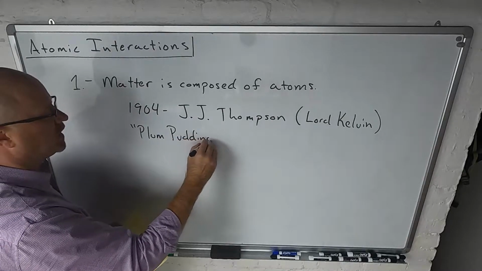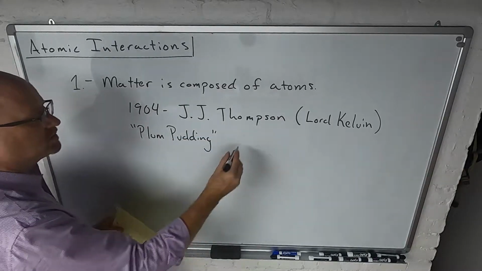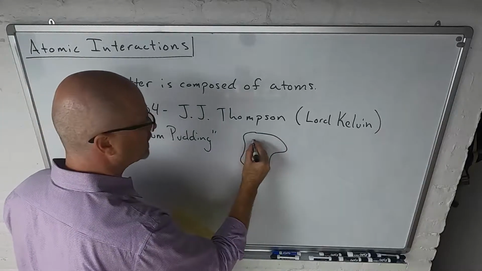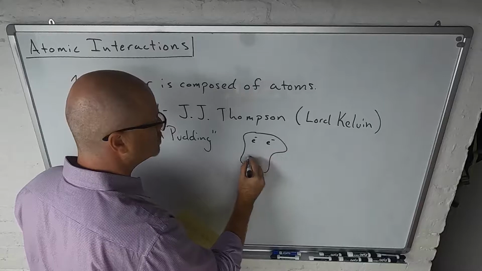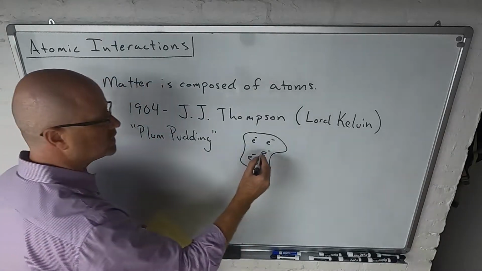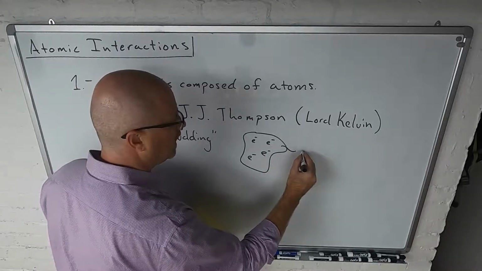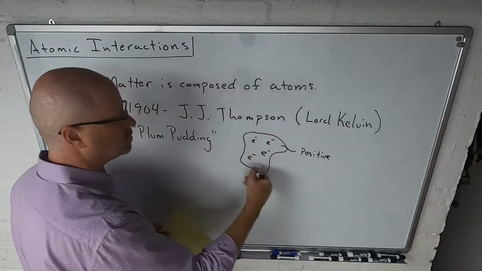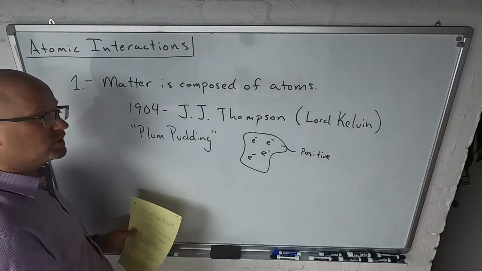Kind of a weird British name. But his idea was that matter was made up of a soup of electrons, or a pudding of electrons, a dessert, surrounded by some positive material. Didn't really know what it was.